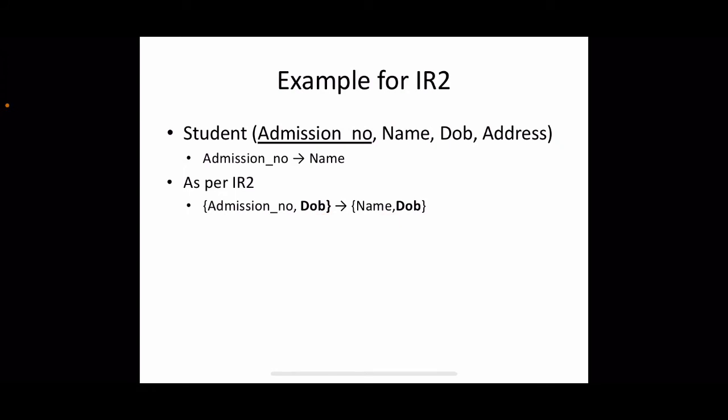This also holds, that is IR2. And if we augment date of birth into the left hand side alone, then also we will get a new dependency, because there is a dependency admission number determines name. So we will get a new dependency: admission number and date of birth together functionally determines name.